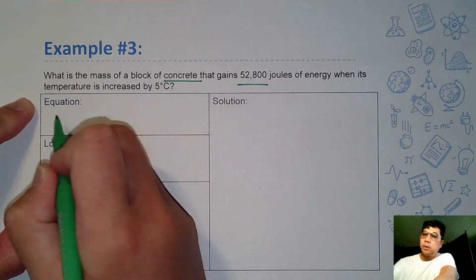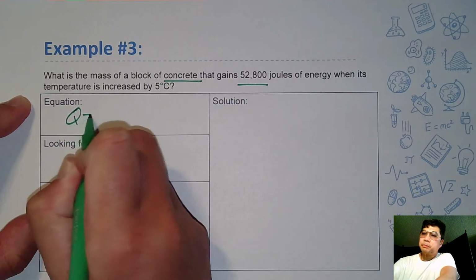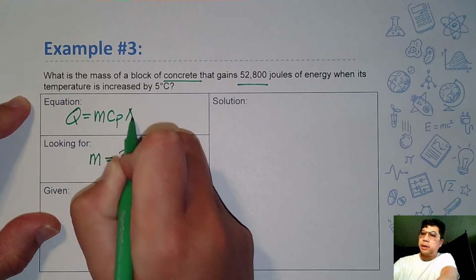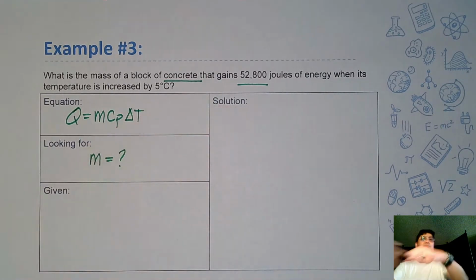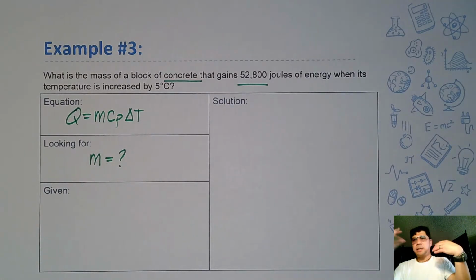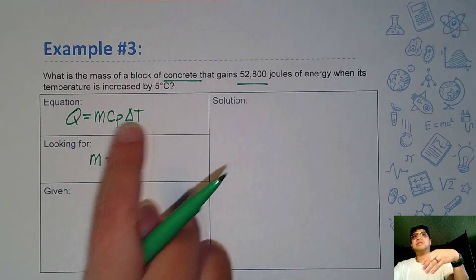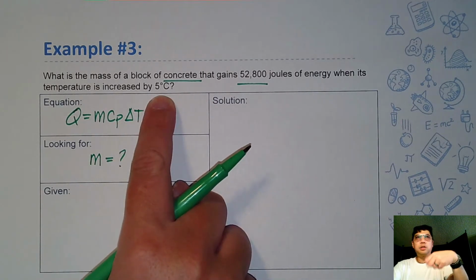So basically the equation is Q equals m times specific heat multiplied by the change in temperature. Please analyze it clearly: 5 degrees Celsius is not an initial or final temperature.